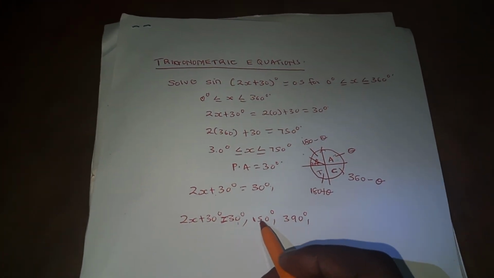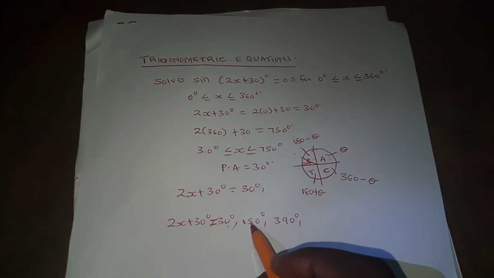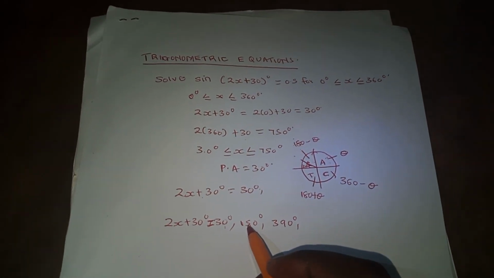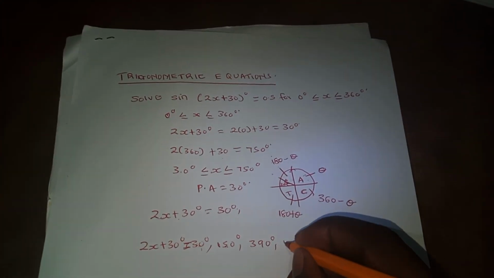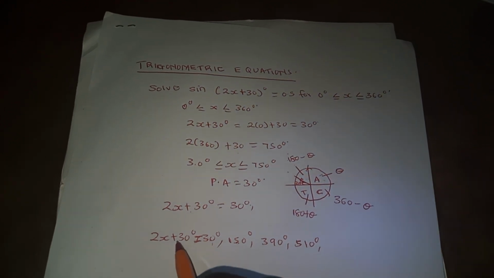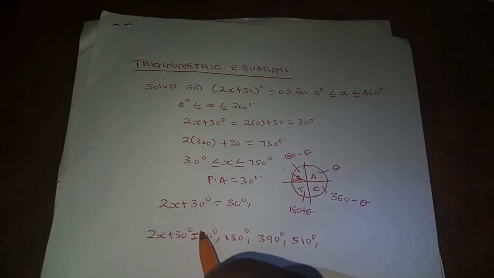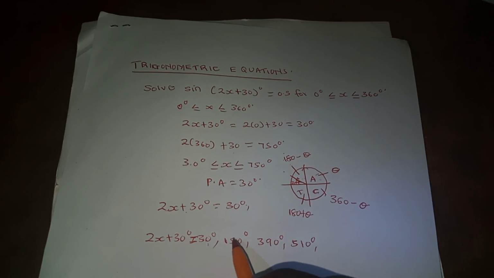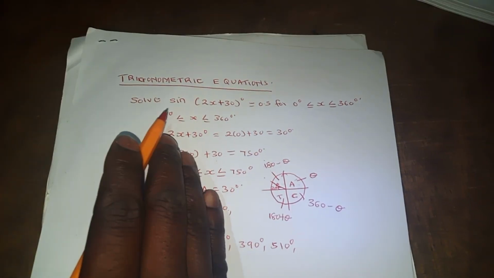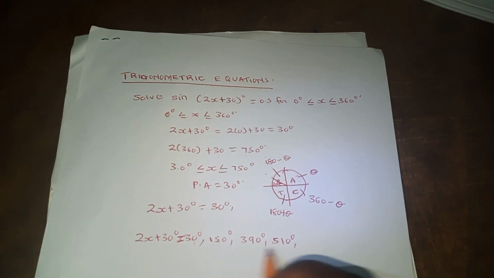Then 360 plus 150 degrees gives me 510 degrees. I didn't carry my calculator. So 30 plus 360 and 150 plus 360 have given us 390 and 510. Then you forget about those two and focus on the last two.